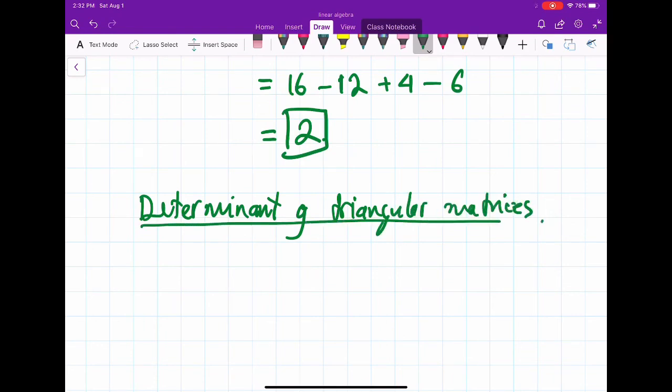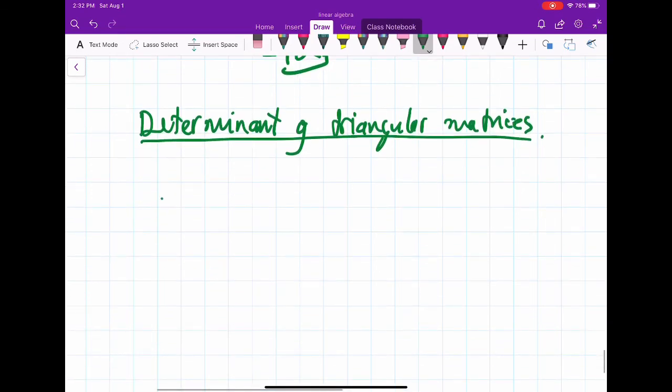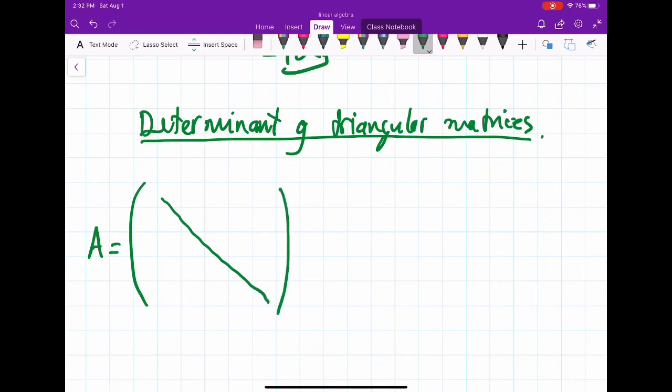If you have such a form, it's pretty easy to find, because you have a triangular matrix, upper or lower. It's not important. One of these two parts is 0. Suppose that you have an upper triangular matrix, so all entries in here will be 0.